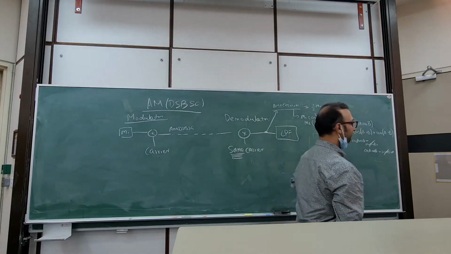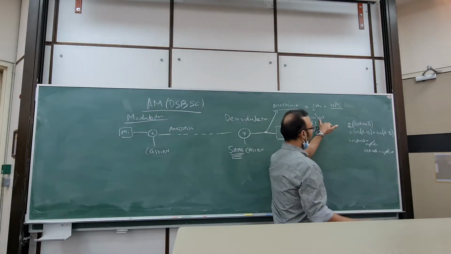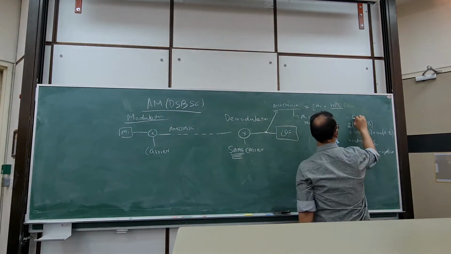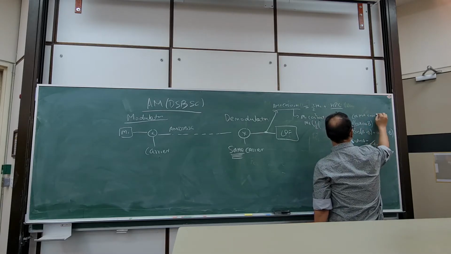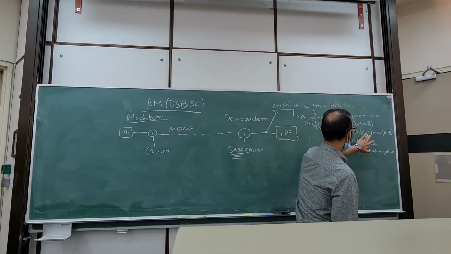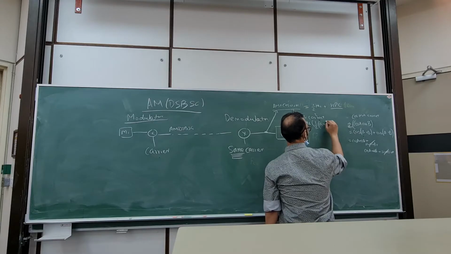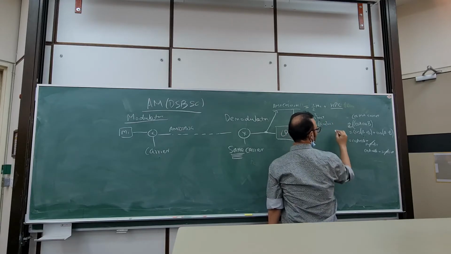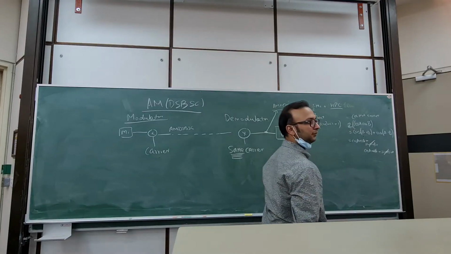If you do the same thing here with omega C, it's cos omega CT times cos omega CT, right? So that means, what I want is half times cosine 2 omega CT plus 1. Make sense?